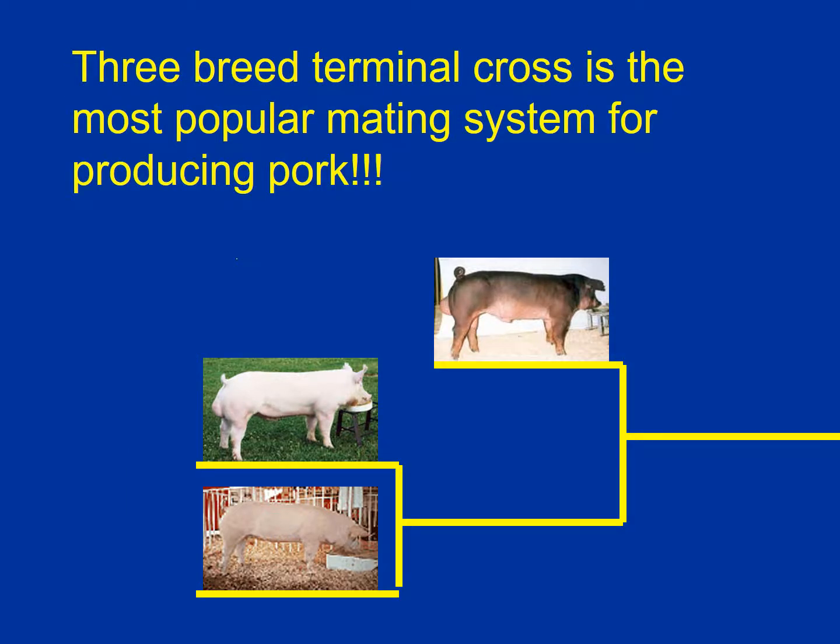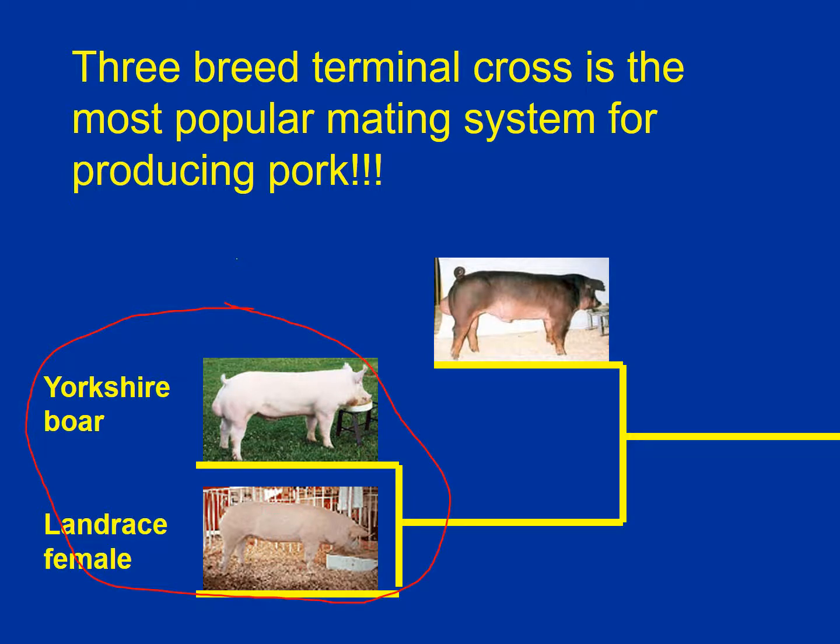So the three-breed terminal cross is the most popular mating system for producing pork, in which we have two breeds develop our females, and then the third breed and market animals. And this might very well be the most popular breed combination.